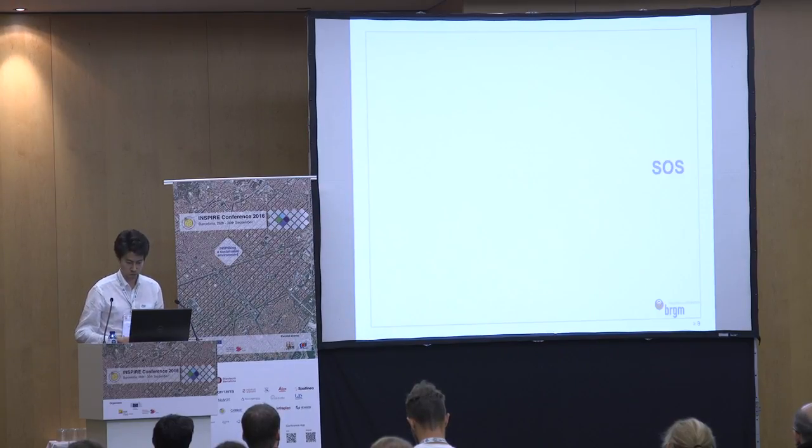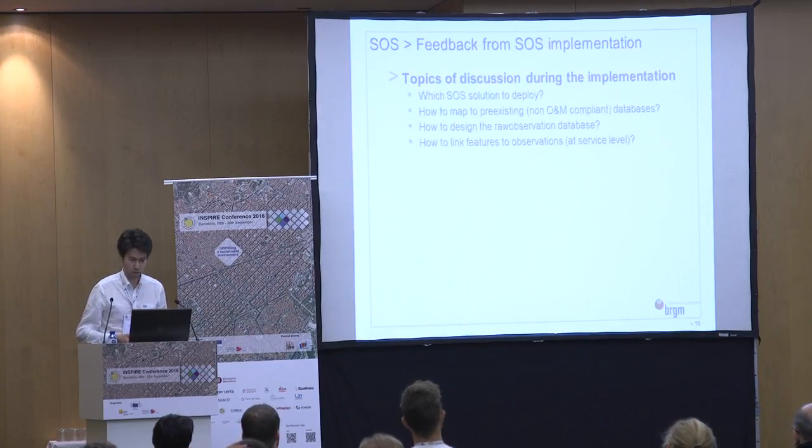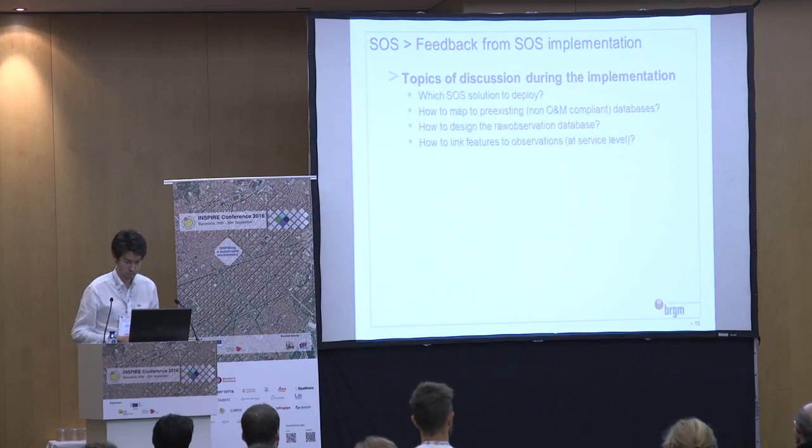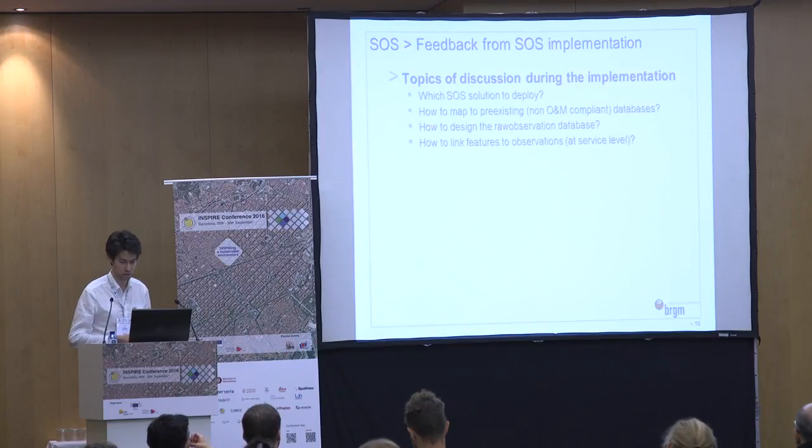For the Sensor Observation Service, we basically have the main discussion. We have to find which solution to deploy, or to map to pre-existing and non-observation-measurement-compliant databases. We ask ourselves how to design the raw observation database, and how we can link the features and observations.